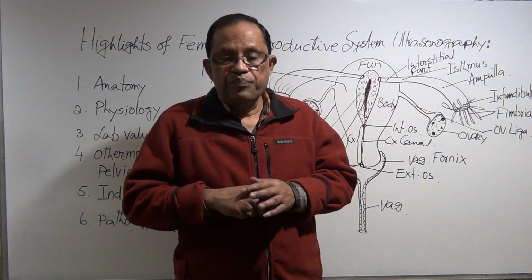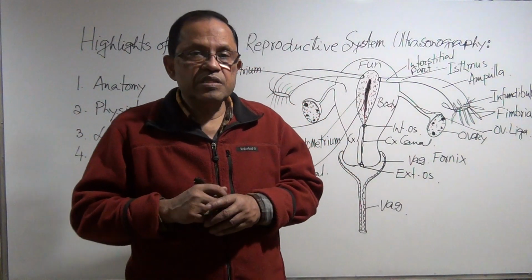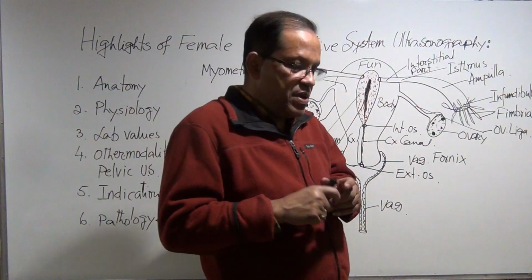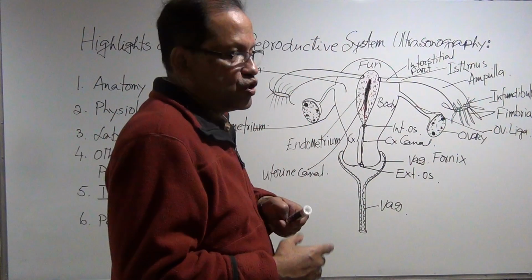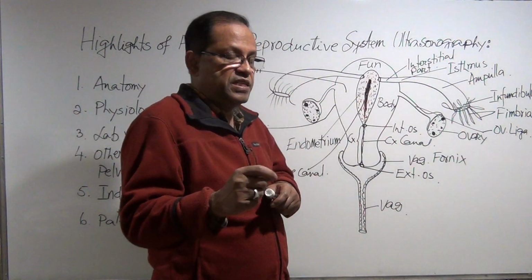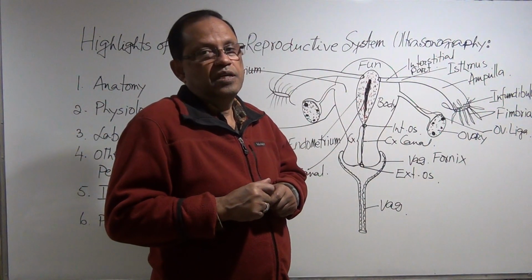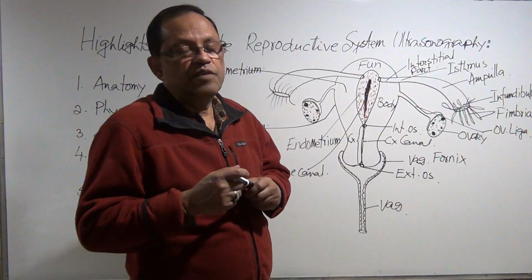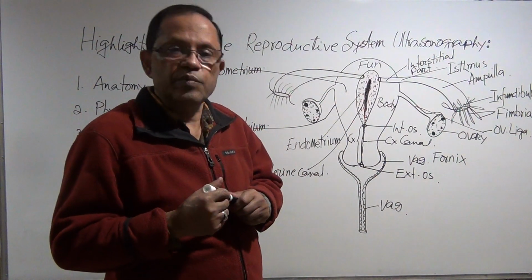These are the ligaments you need to remember. Even though we cannot see them sonographically, in order to keep the uterus in position, you need to know the functions of the ligaments.